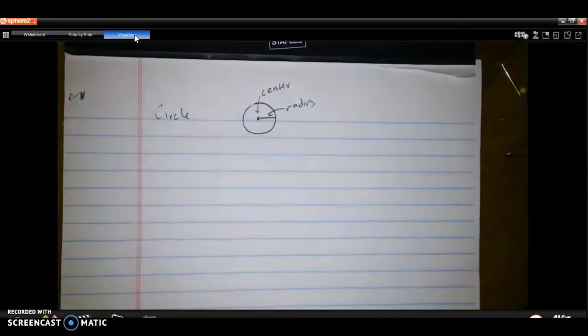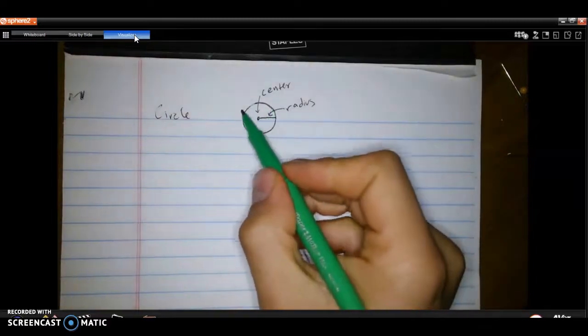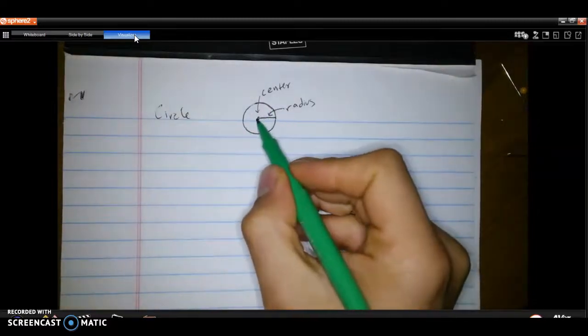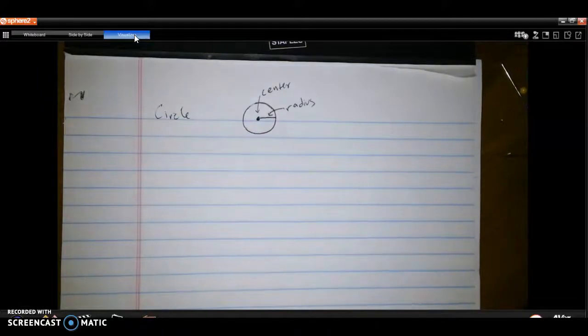These are the two components that help define what a circle is. For those of you who don't know the geometric definition, a circle is all the points equidistant from a single point. All points equidistant from a center. Very, very helpful for us here. Actually, the equation of a circle is based off these two values.